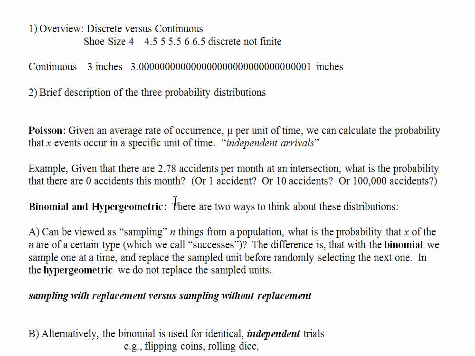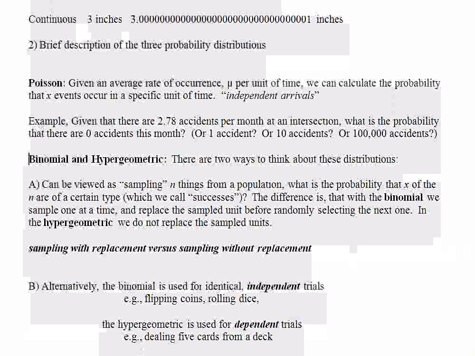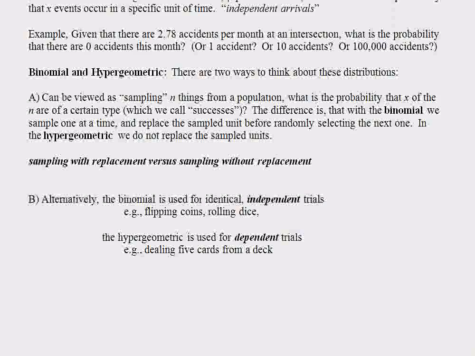The two other most common discrete numeric probability distributions are the binomial and the hypergeometric. And I like to consider these two together because it seems like these two are more closely related to each other than they are to the Poisson. The binomial distribution and the hypergeometric, you can think about the difference between them one of two ways.